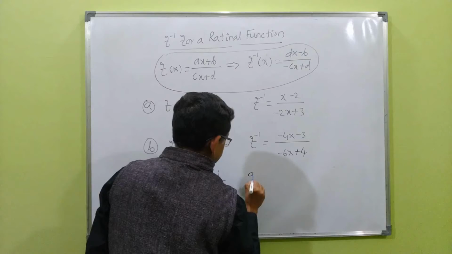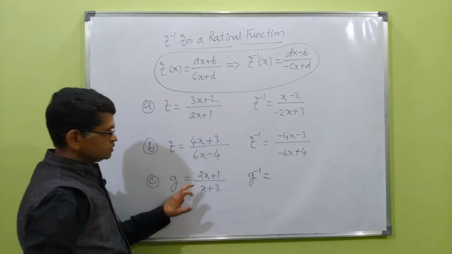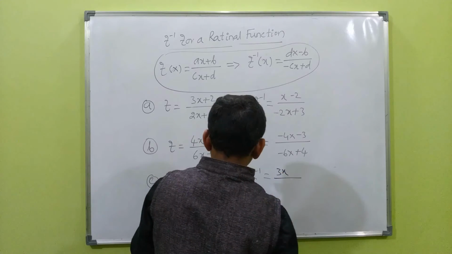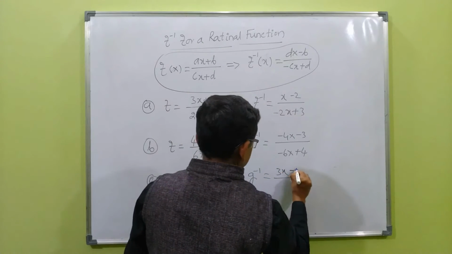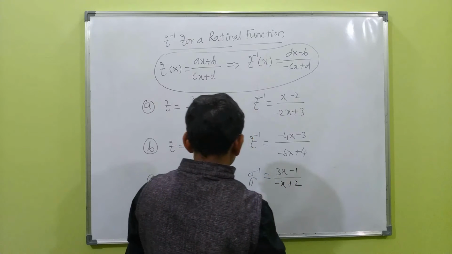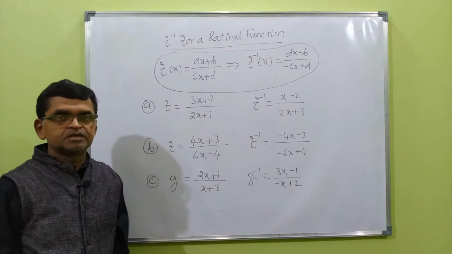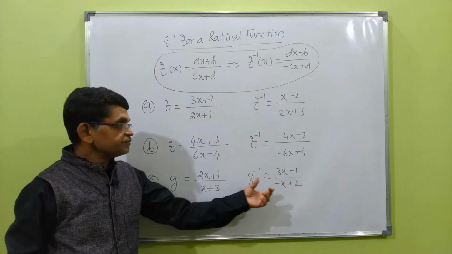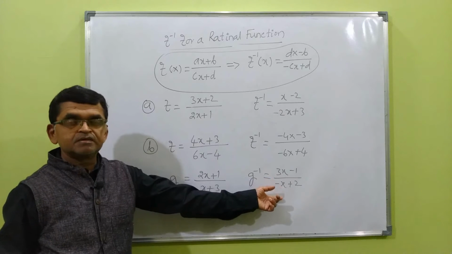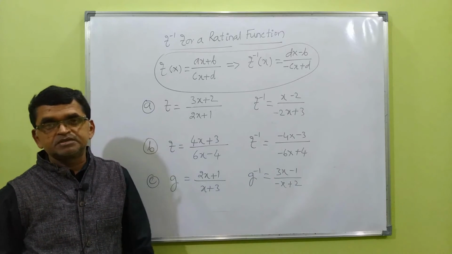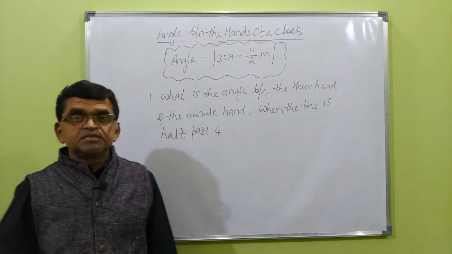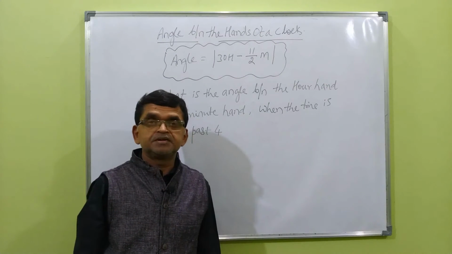And this will be g inverse is equal to 3x minus 1 divided by minus x plus 2. Okay, you can use this inverse technique not only for competitive exams but also for verifying your answers in the board exams. This is another important trick.